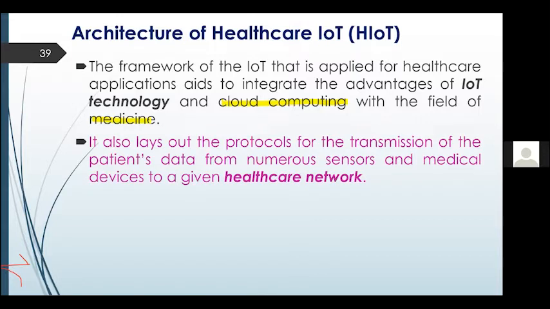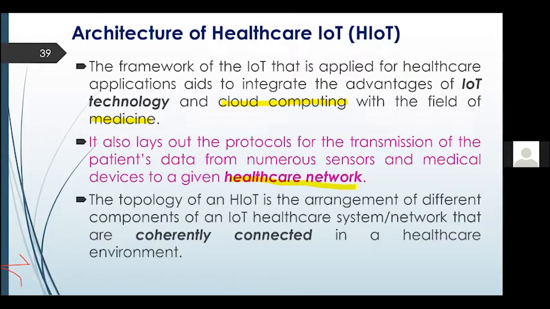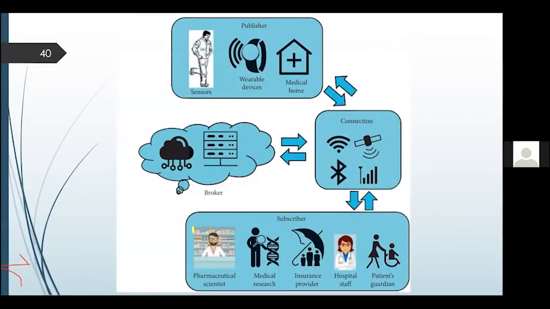It also lays out the protocols for the transmission of the patient's data from numerous sensors and medical devices to a given healthcare network. The topology of an HIoT is the arrangement of different components of an IoT healthcare system that are coherently connected in a healthcare environment.